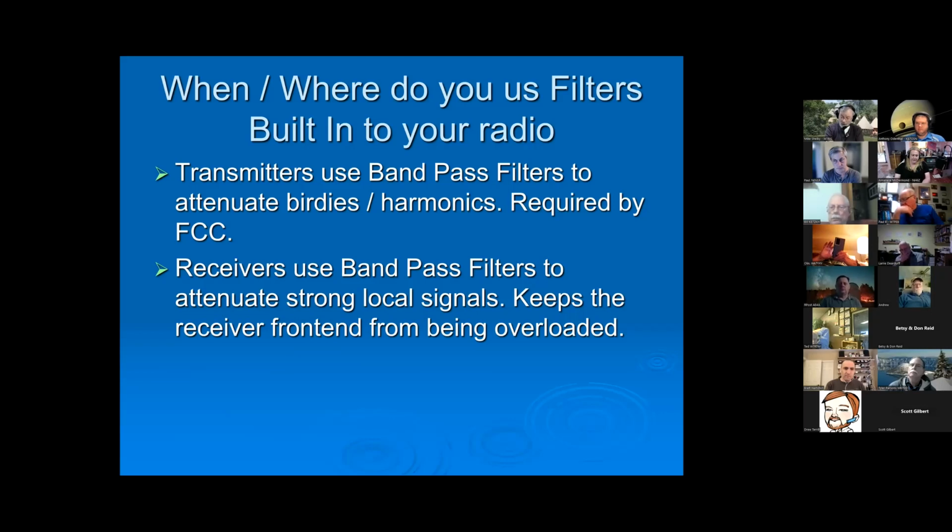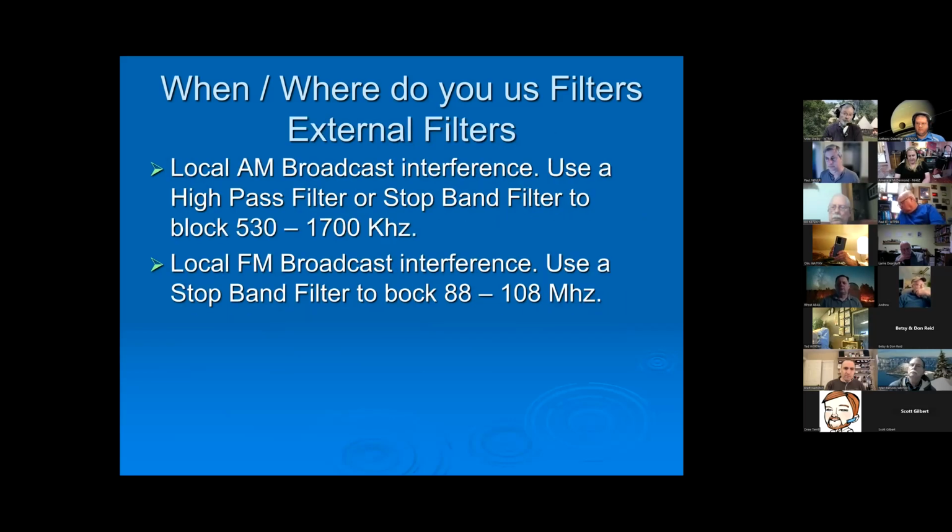So a lot of the new receivers have good bandpass filters in the front end. If you're on 80 meters, it's going to block out all the other frequencies as best it can on the receive side all around that particular band. Okay, we already talked about broadcast interference and using high pass filters.